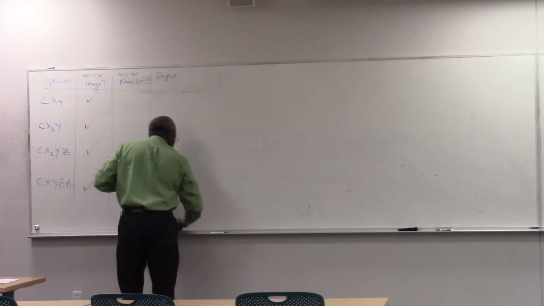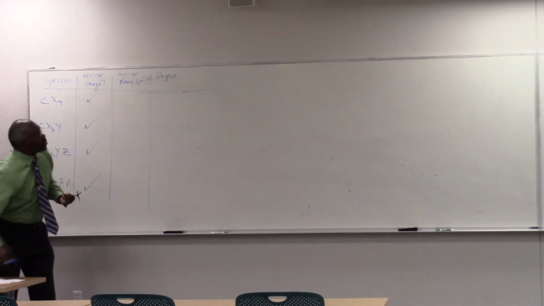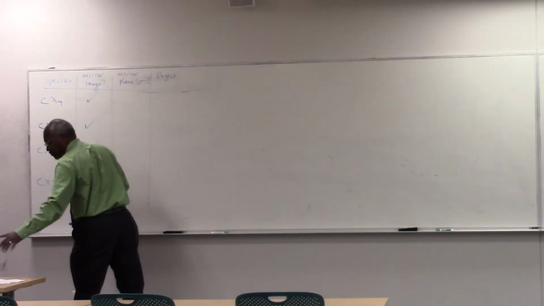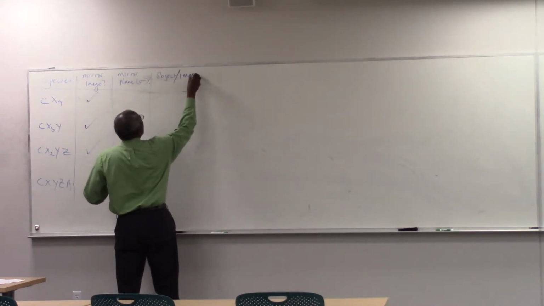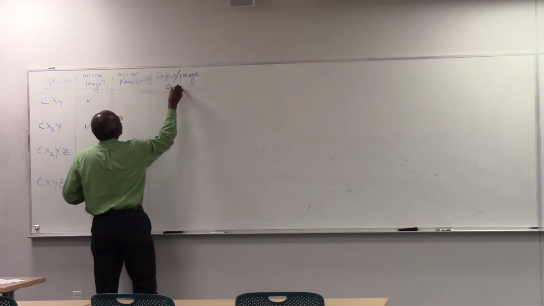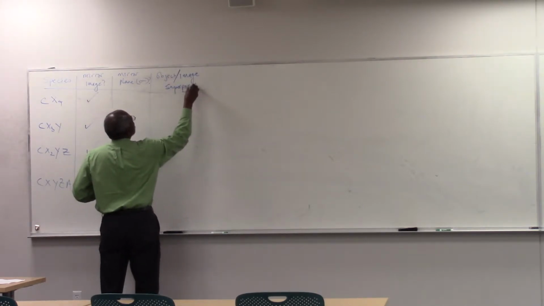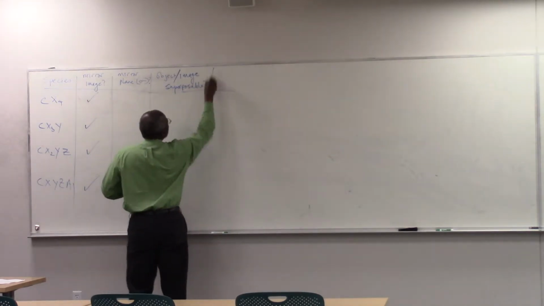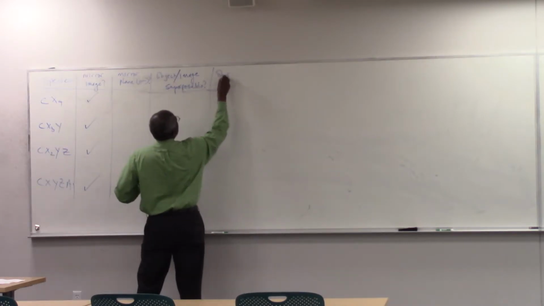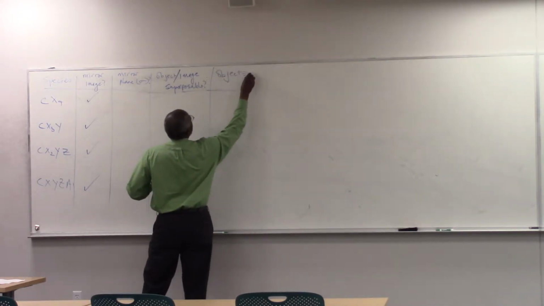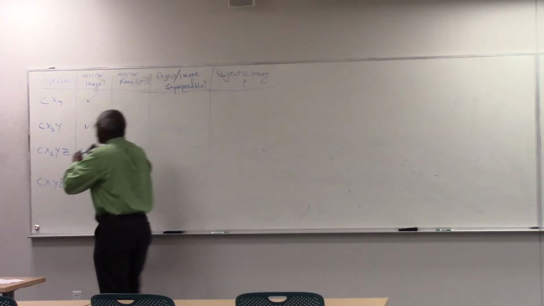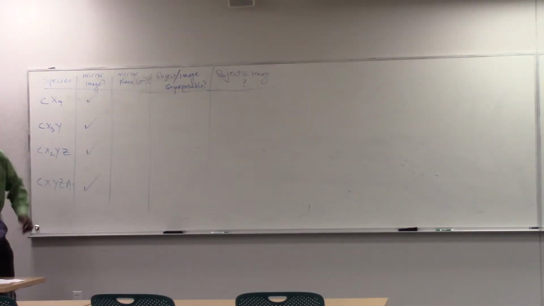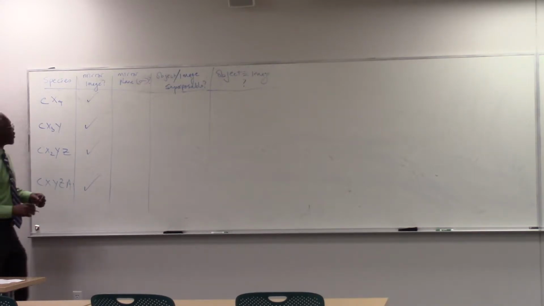So object and image superposable, and then object equivalent to image. So my CX4 has a mirror image.